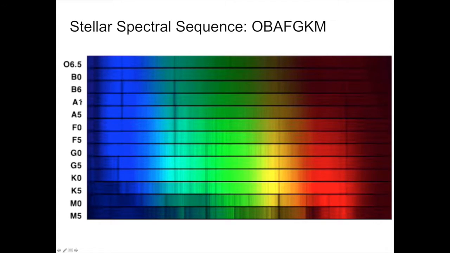This allowed a finer gradation of the series so that between O to M there are approximately 70 individual types of stars, and indeed, as you can see from this photograph, 6.5 is used by some astronomers.